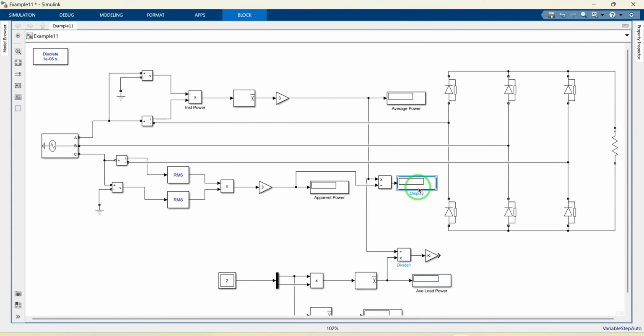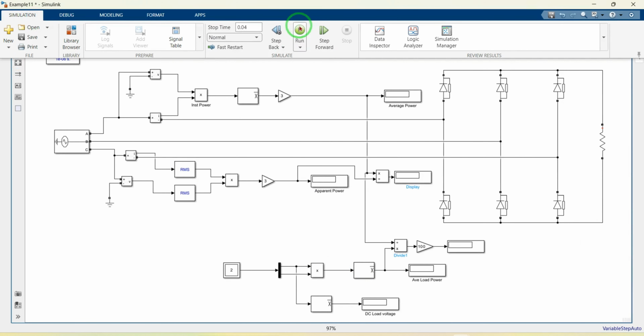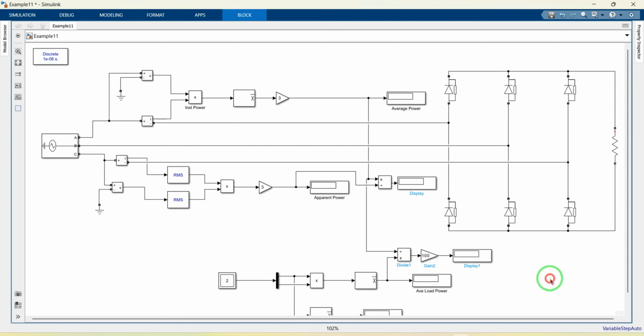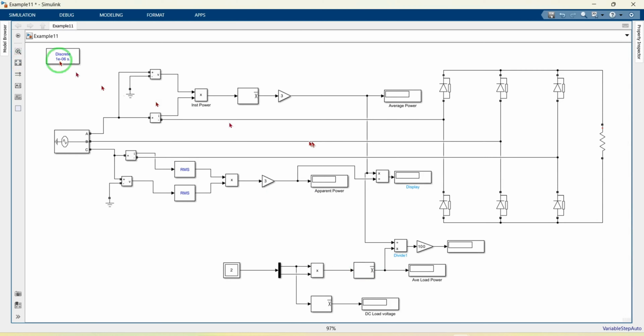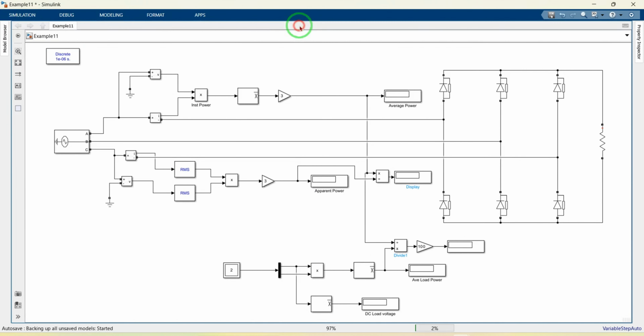Connect a display block. Go to the Simulation tab and start the simulation. The efficiency is 99.7%.